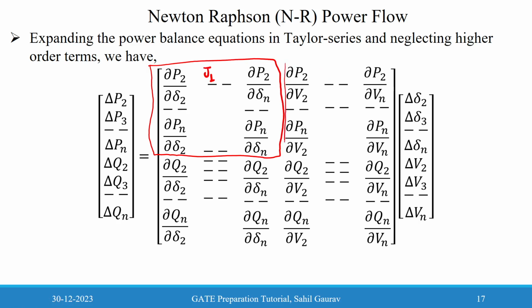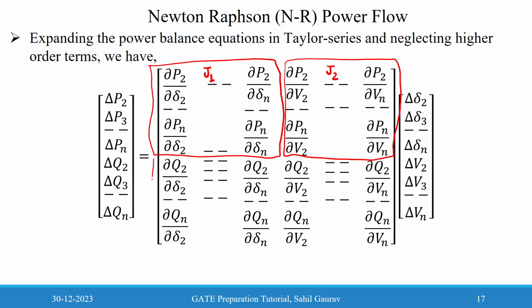In this, the derivative of active power with respect to voltage magnitude, we can take as J2.